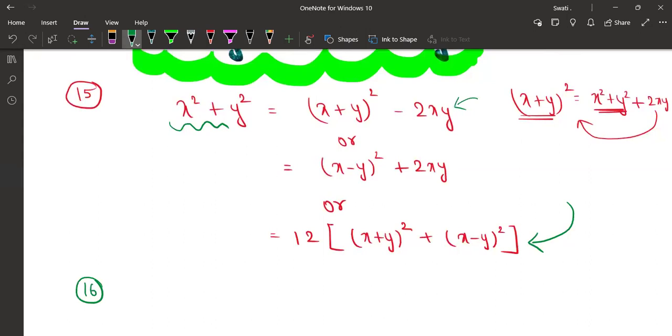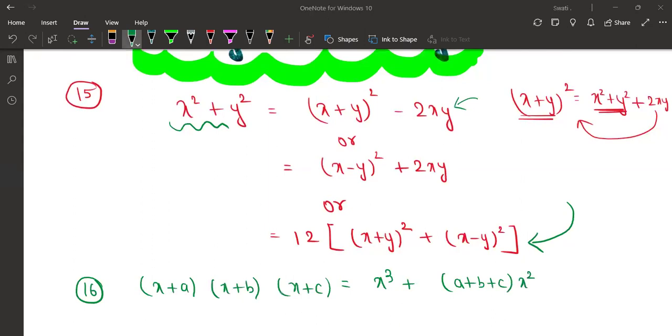Formula number 16 says when we have x plus a times x plus b times x plus c, then this will be equal to x cube plus a plus b plus c times x square plus ab plus bc plus ca times x plus simply a into b into c.